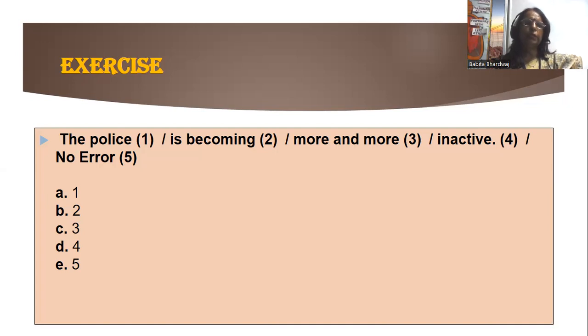Here you can see police is an indicative of plural. That's why the error is in part 2, that is the police is. Here with the subject we should use are. So you have to see which helping verb you will be using, and accordingly find out the error.